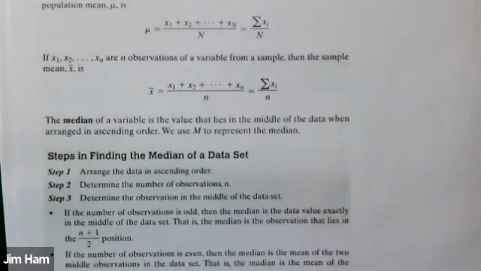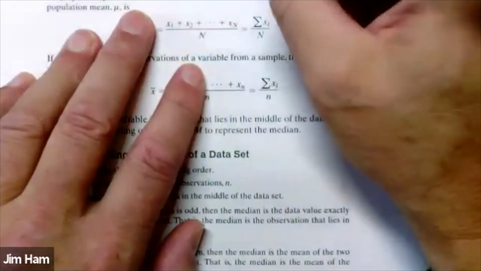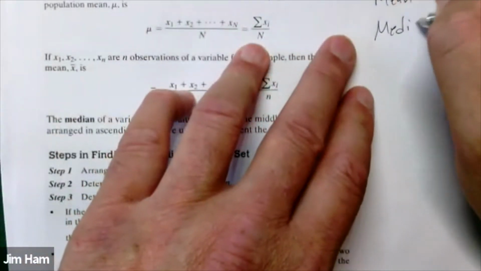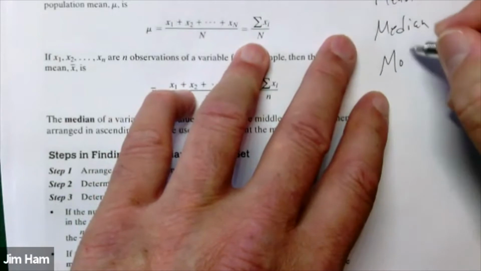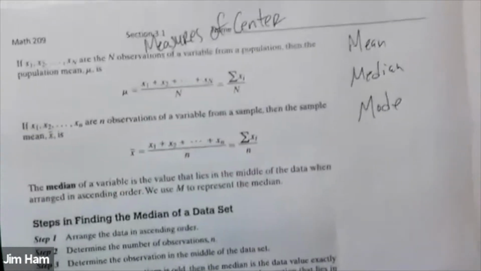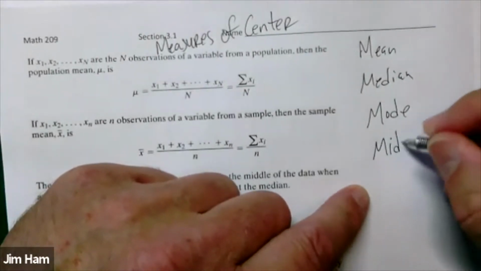If we know what's in the middle, then we have a sense of what the other data values are. This is a section on the measures of center, and they are mean, median, mode, although mode is something that we use more often for qualitative data, and the last one is mid-range.